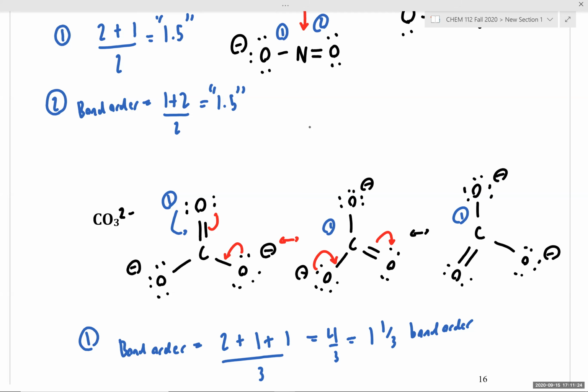So by calculating the average bond order, taking into account resonance effects, we can compare the relative strength of different bonds while accounting for the effect of resonance contributions on our observed bond strength. Any other questions on this example?